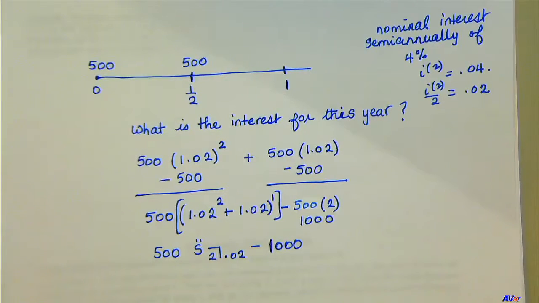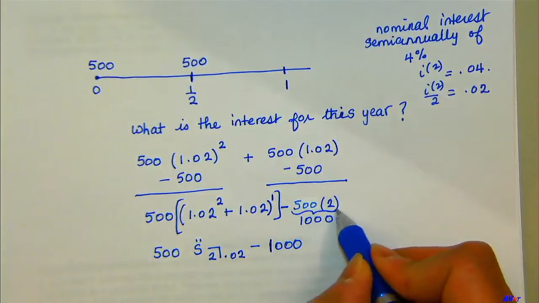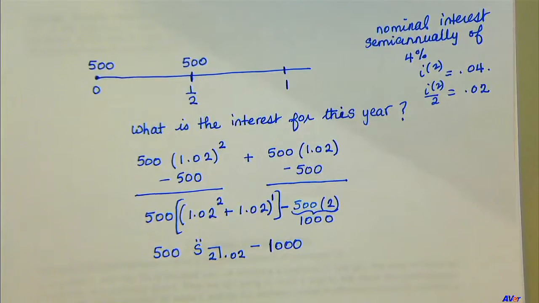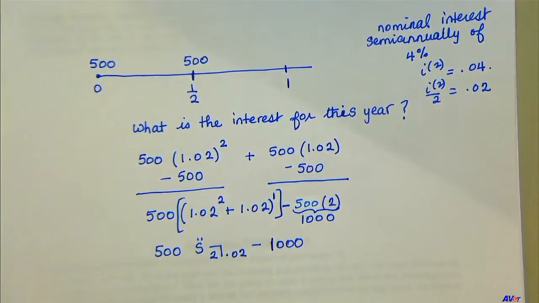Would that be fair? So even though the 500 payments are happening at 2 different times, you can just take the accumulated value. I did double dot because the payments are occurring at the beginning of the period, minus the 2 payments of 500.